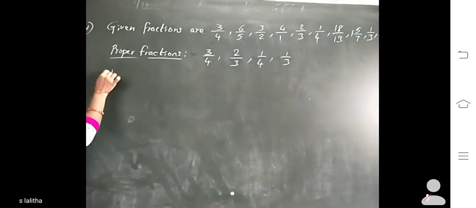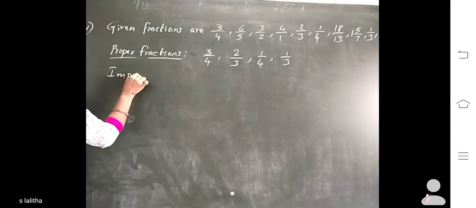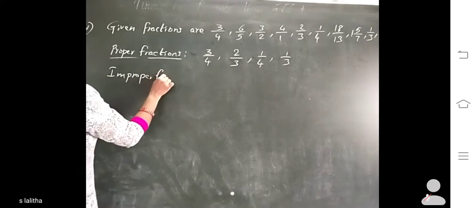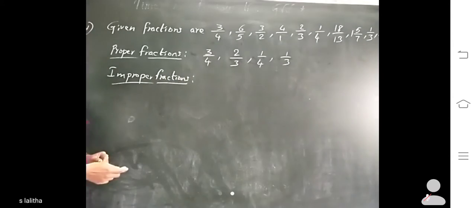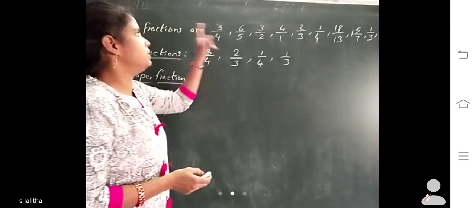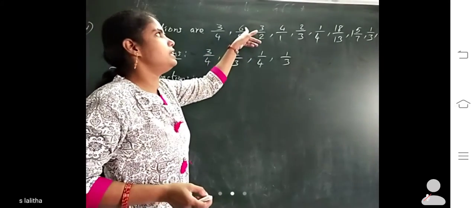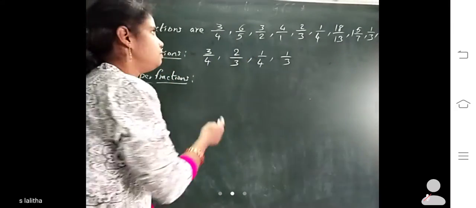Next, improper fractions. What are the improper fractions? 6 by 5: here the numerator is greater than the denominator, so it is improper.